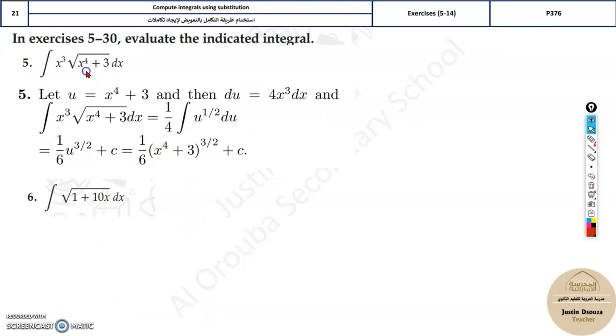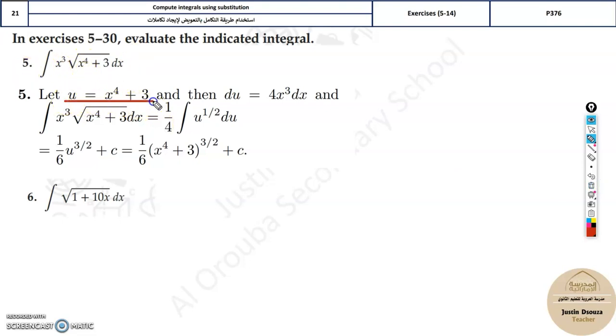Now over here, it's inside a root, right? Because when we had e to the power square root x, we took this entire term as u because it's much simpler. But now don't take this as u, just take the inside term. Why? Because when you derive this, you're going to get x to the power 3, which will cancel off.